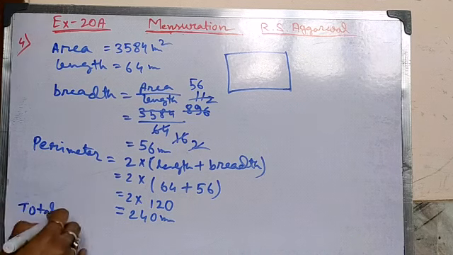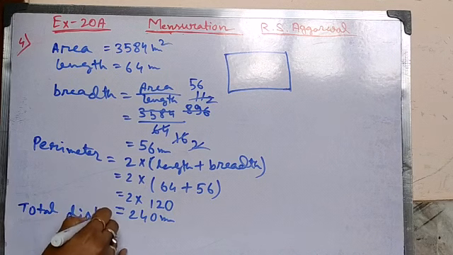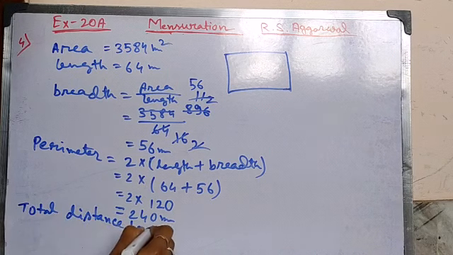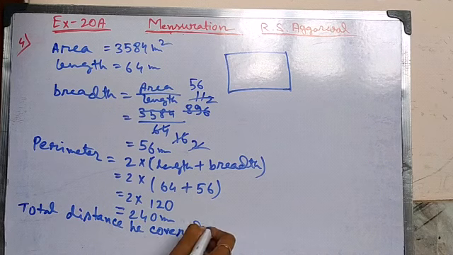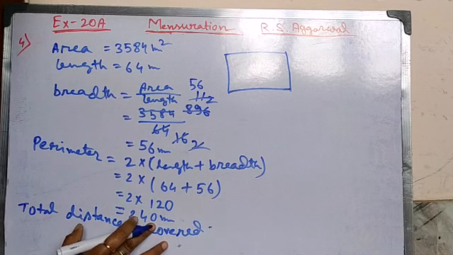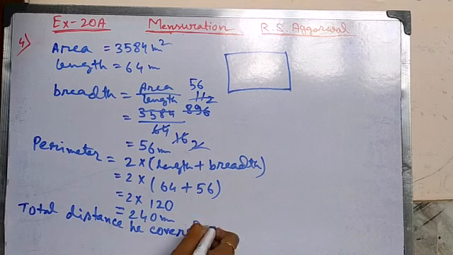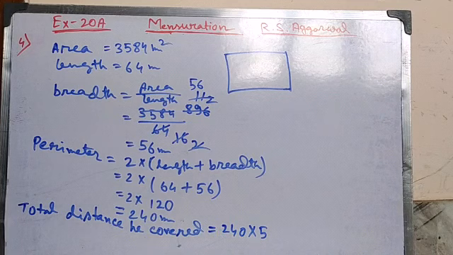That means the total distance he covered or he runs is equal to 240 into 5, that is 1200 meter.